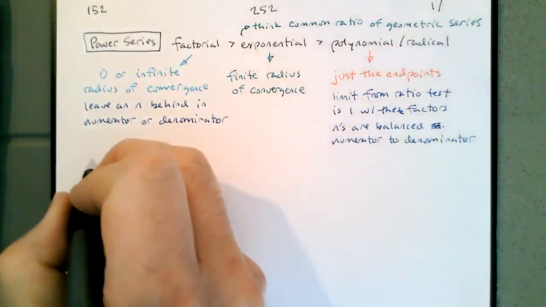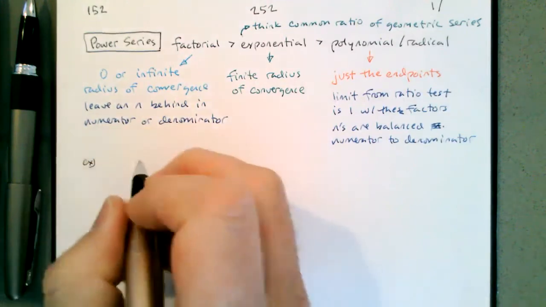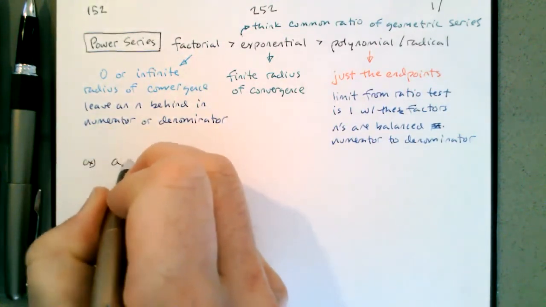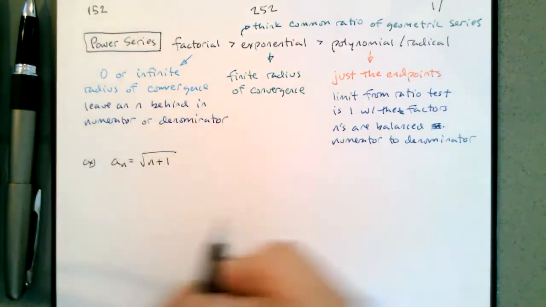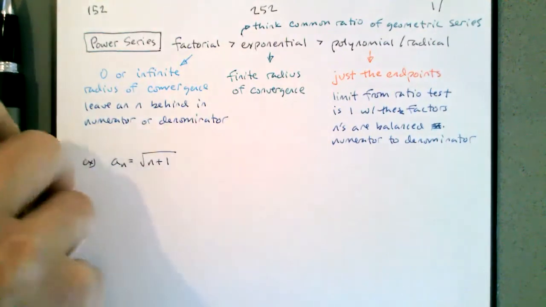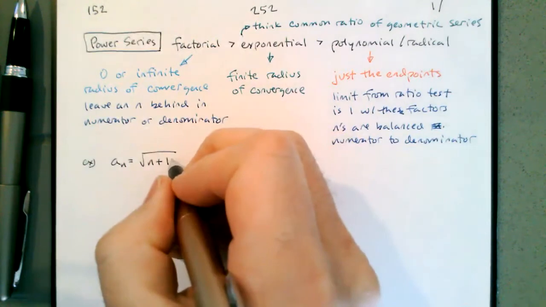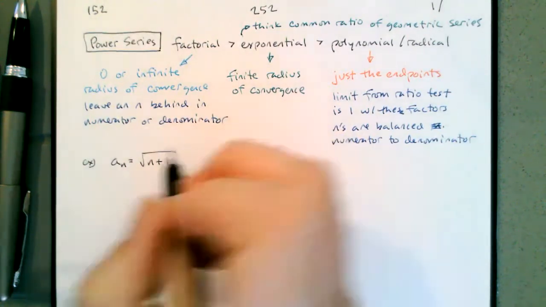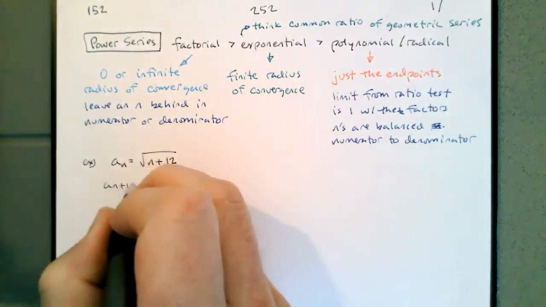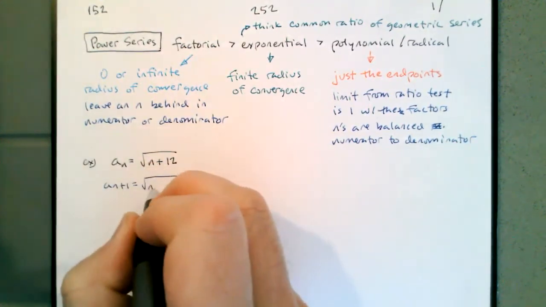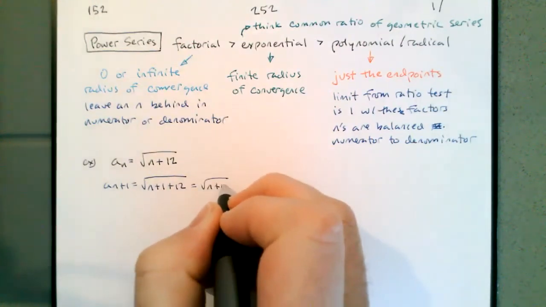If, as an example, a_n is the square root of n plus 12, then a_(n+1) is the square root of n plus 1 plus 12, or the square root of n plus 13.